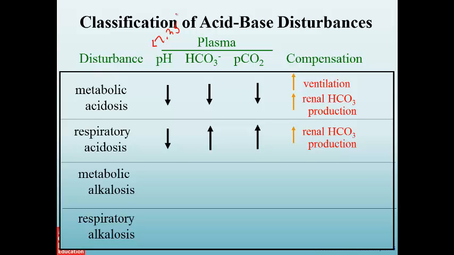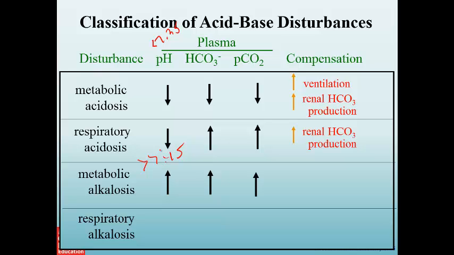Metabolic alkalosis, so now you're talking about a pH that's greater than 7.45. It's metabolic, so again it deals with bicarbonate. Either you're making less metabolic acid or you're overproducing bicarbonate.